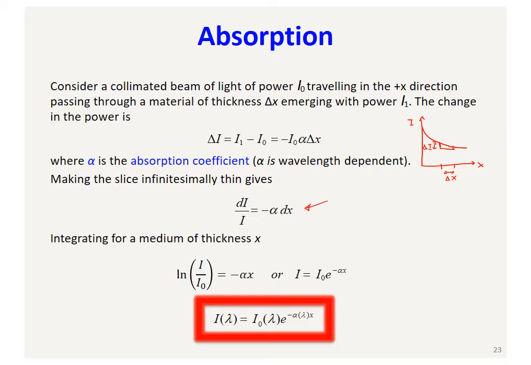And unsurprisingly, that shows us that the intensity that travels through our absorbing system is going to decrease exponentially as a function of distance. This coefficient here is the absorption coefficient, and it's characteristic of that material. It also depends on the wavelength of light.